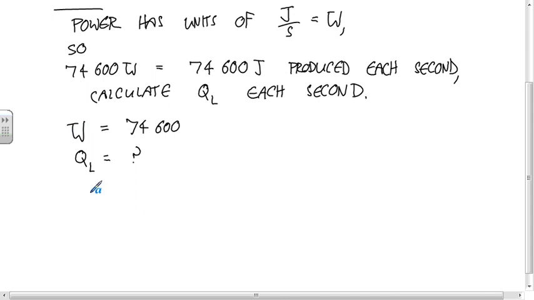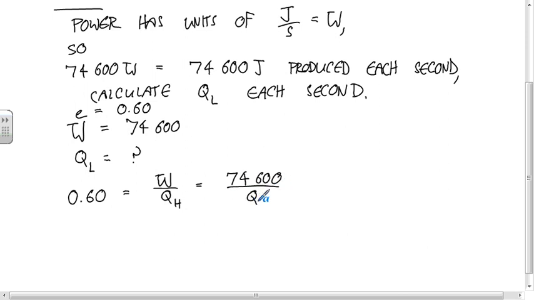So I'm going to do it this way. We know one more thing. We know that the efficiency is 0.6. Okay, so I'm going to say that 0.6 is equal to the work over QH. In other words, 0.6 is equal to 74,600 over QH.